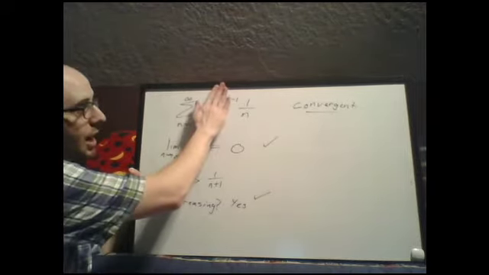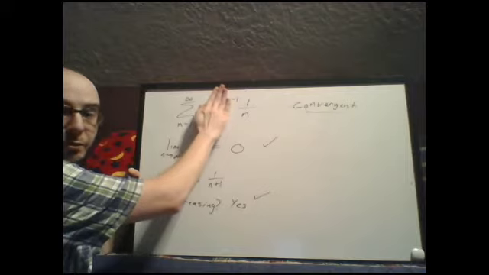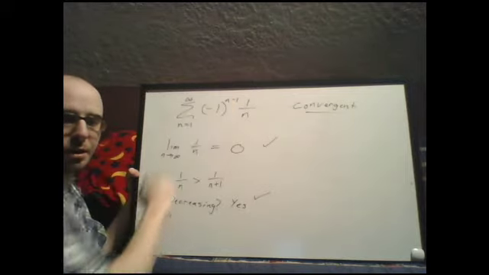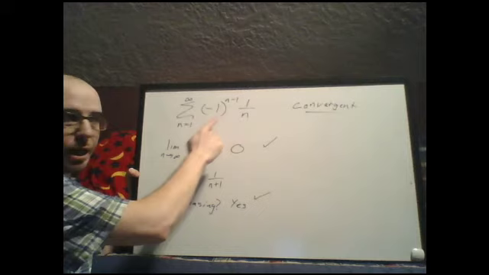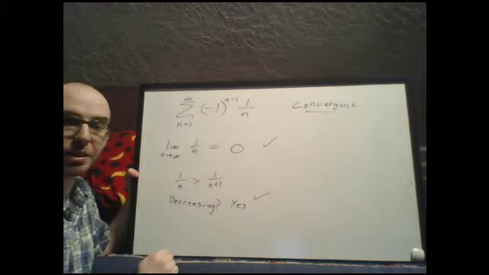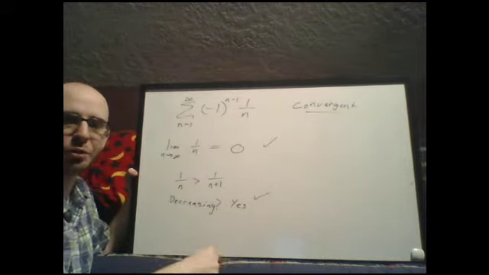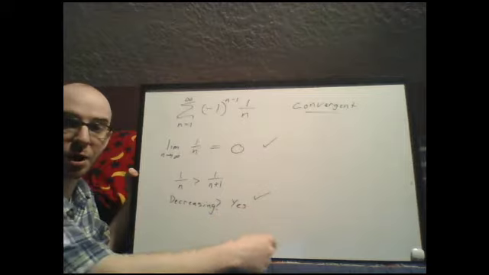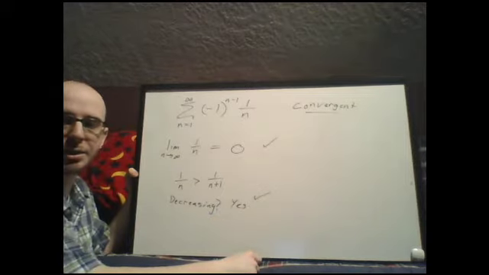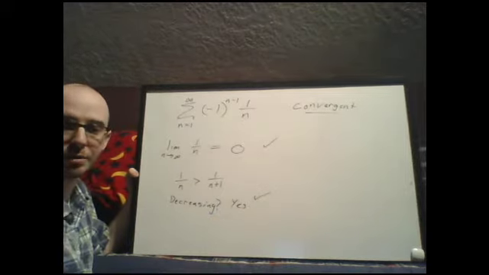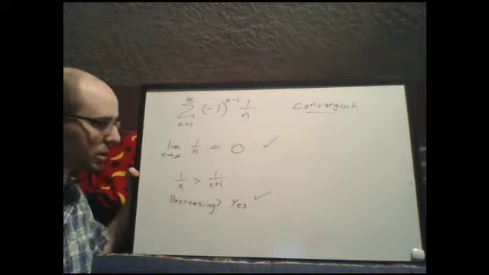If I did not have the alternating part, summation of 1 over n is divergent. If it's alternating, it's convergent. So that tells us that it's easier for a series to converge if it's alternating. It's easier for an alternating series to converge than a positive valued series, a positive term series.